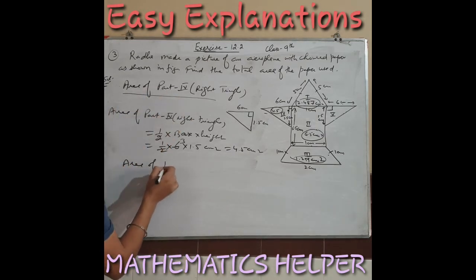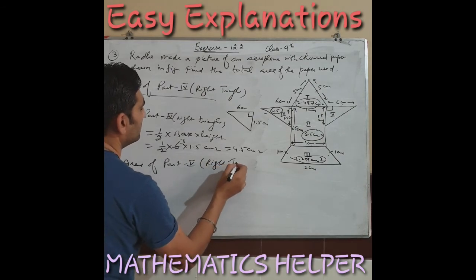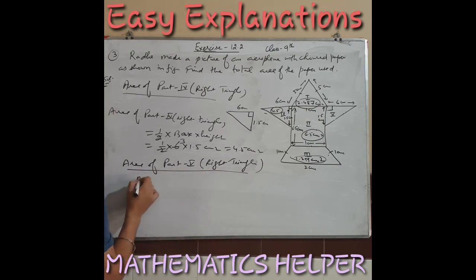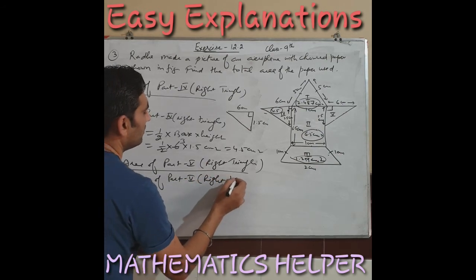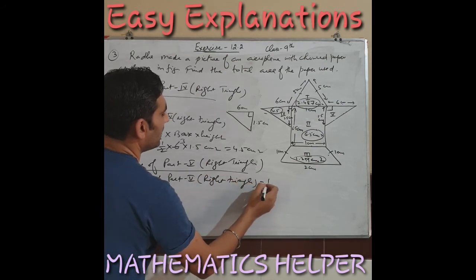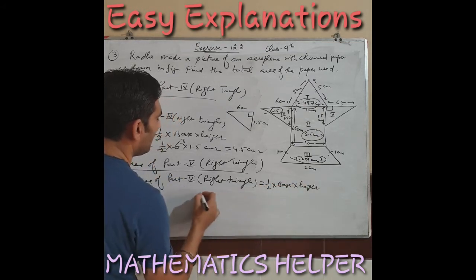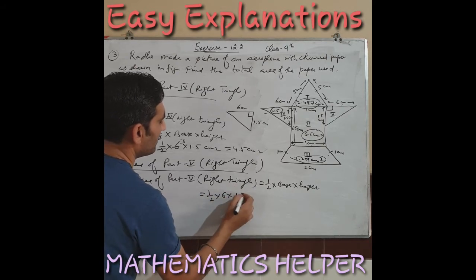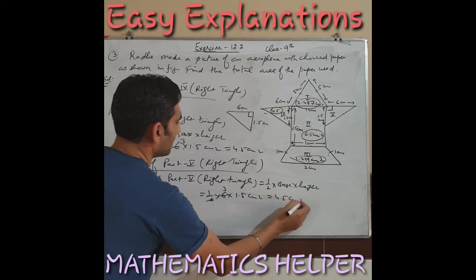Area of part 5, which is again a right triangle. Again you use the formula half into base into height, or half into 6 into 1.5 centimeter square, which goes to 4.5 centimeter square.